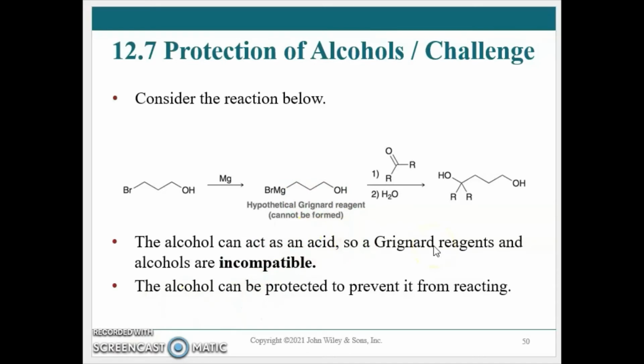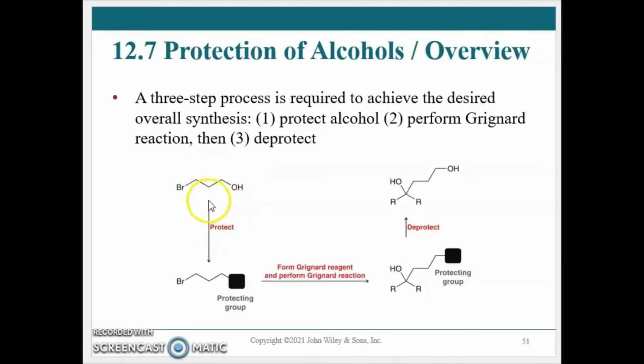So if we have an alcohol moiety, we need to protect it from reacting. So we'll introduce a protecting group onto the alcohol. The first step is to do the protecting group chemistry and convert this alcohol into a non-reactive group, then to perform the Grignard chemistry, and then to deprotect the alcohol to get back to our desired compound.